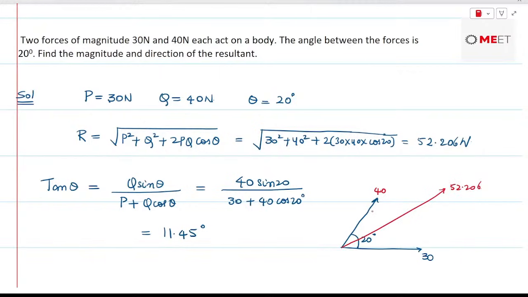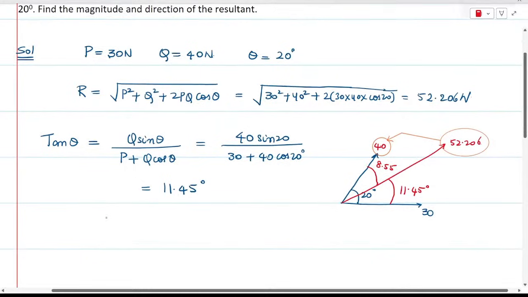The angle included between 30 Newton and 52 is 11.45, and the angle between the resultant and the 40 Newton force will be 20 minus 11.45, which is 8.55. So remember that the resultant will have more closeness to the force which is higher in magnitude. And if we want to write the resultant in the form of vectors, it can be expressed as follows.